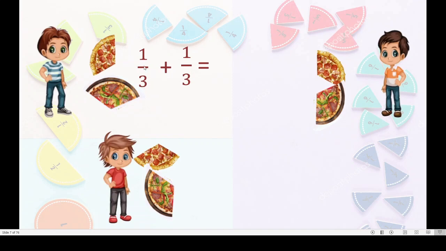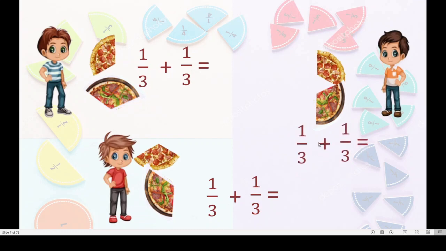Because in the first pizza we made 3 parts, in the second pizza also we made 3 parts. From each pizza this boy got 1 piece. So 1 upon 3 plus 1 upon 3. You know the answer. What is the total portion he got? 2 upon 3, isn't it?